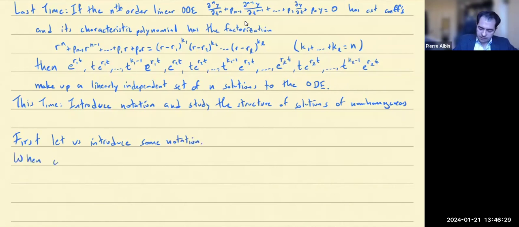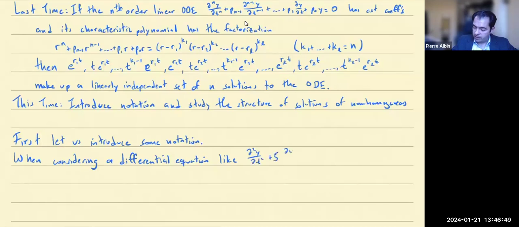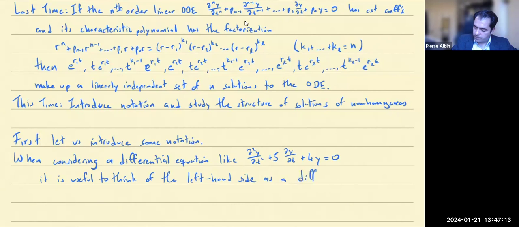Okay, so when we're considering a differential equation like the second derivative of y with respect to t plus 5 times the first derivative with respect to t plus 4y equals 0, it is useful to think of the left-hand side as a differential operator acting on the function y.